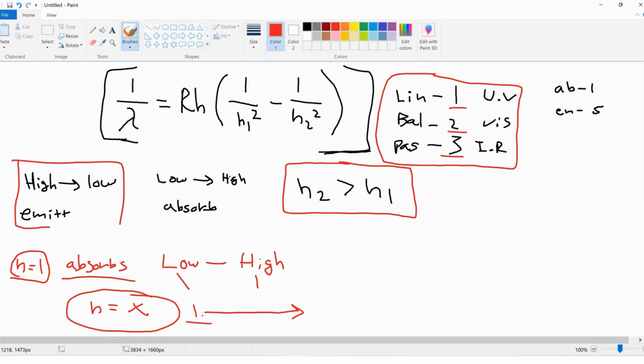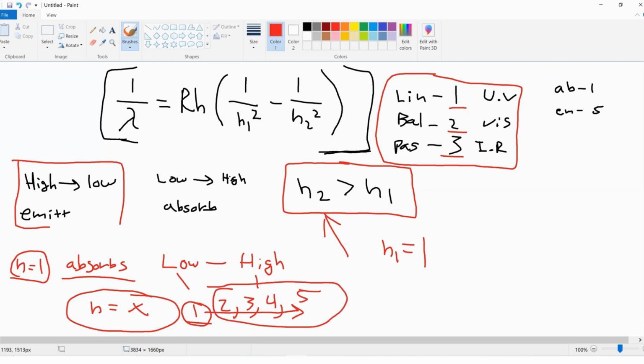And in this case, since we're going from low to high, that means that 1 is our lowest value. The rest of these values are all going to be greater than 1. So using this, we can say that N1 is 1. Because the rest of these values, since we're going from low to high energy, the lowest one we have here is 1. So the rest of them should be greater than 1.